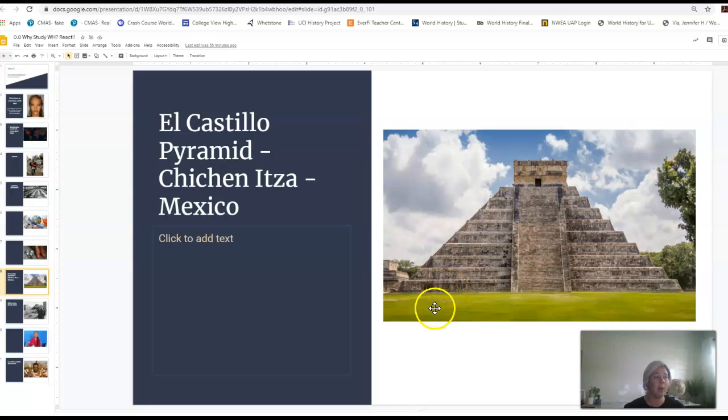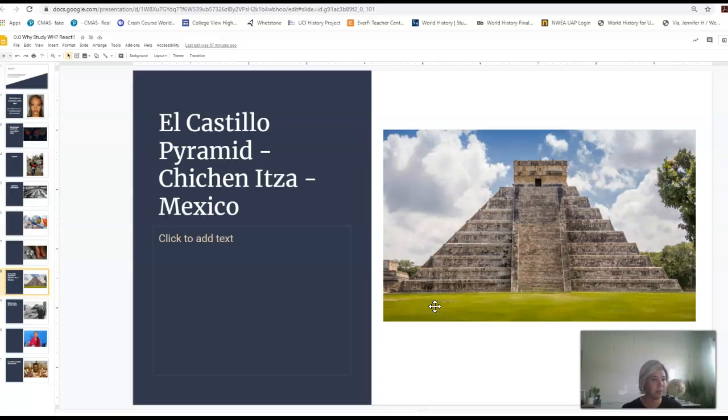All right, number 7. A Castillo pyramid at Chichen Itza in Mexico. Again, in Unit 1, we'll be looking at Mesoamerica and the 3 major empires of the non-North American civilizations. So we're going to look at the Aztec, the Inca, and the Maya.